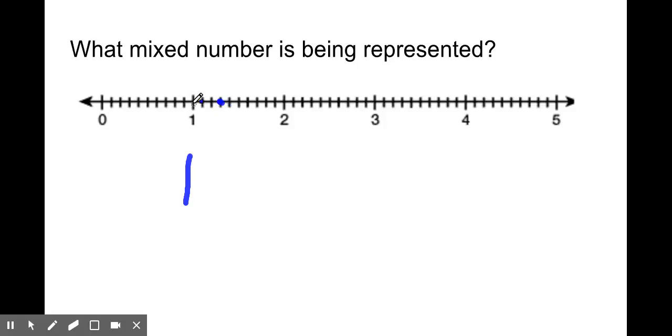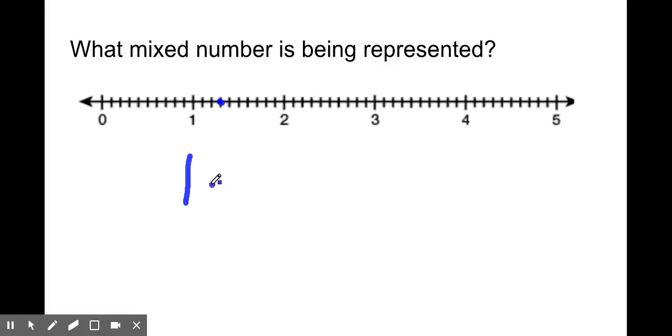Okay, and figuring out how much this portion is means figuring out how many spaces there are in 1 whole and how many are being represented. So let's count the spaces together in 1 whole. 1, 2, 3, 4, 5, 6, 7, 8, 9, 10. There are 10 spaces in 1 whole.